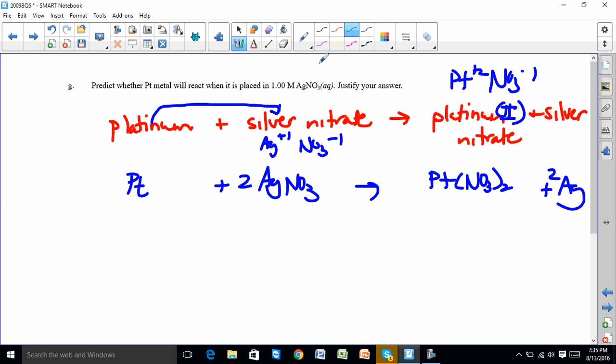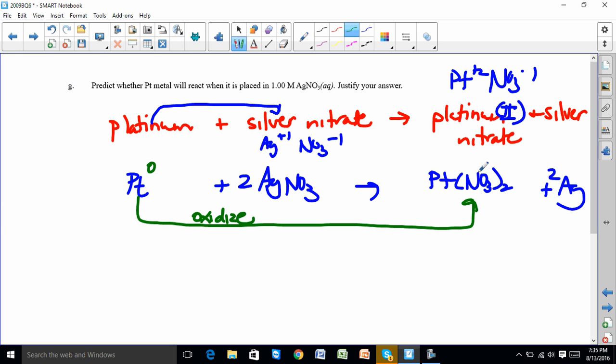And switching colors, we can see that the platinum is oxidized. Why? Because it goes from 0 to +2. And then the silver is reduced. Why? Because it goes from +1 to 0.